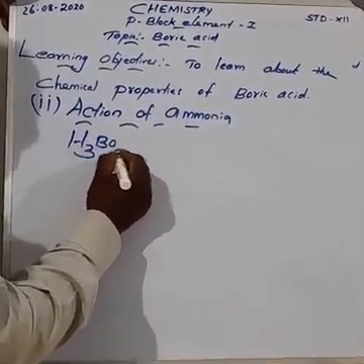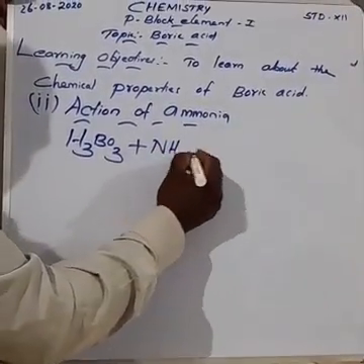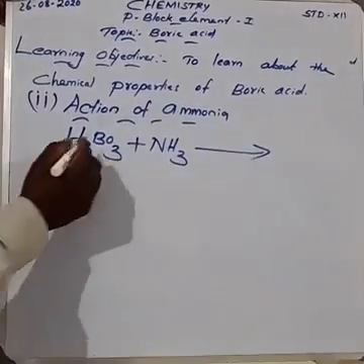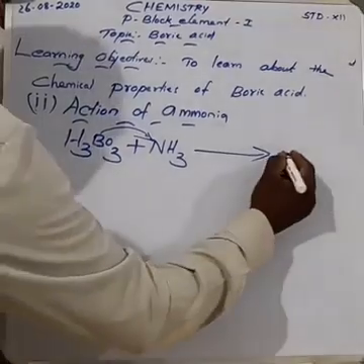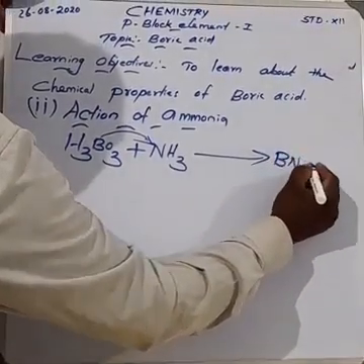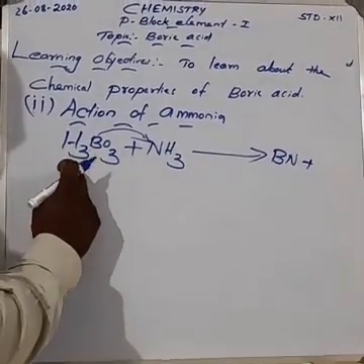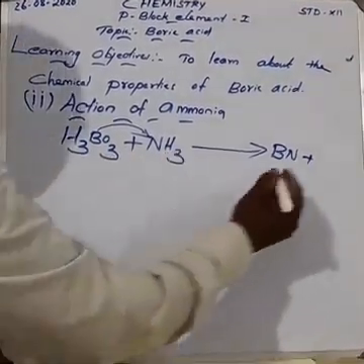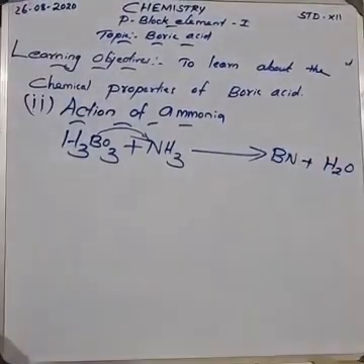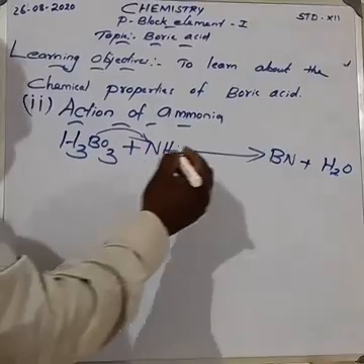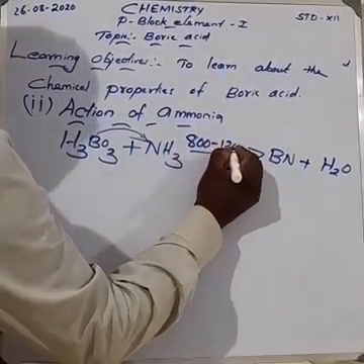H3BO3. Formula for ammonia, NH3. Boron combines with nitrogen, we get boron nitride, BN. Plus, here we get the water molecules. Hydrogen combines with oxygen, we get water, H2O. Here the temperature is 800 to 1200 Kelvin.